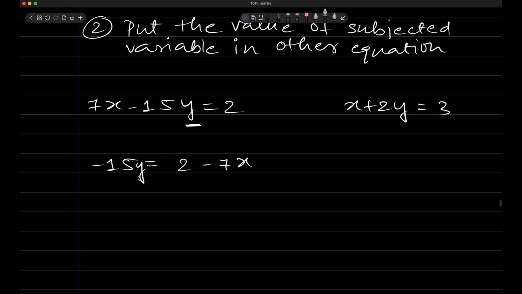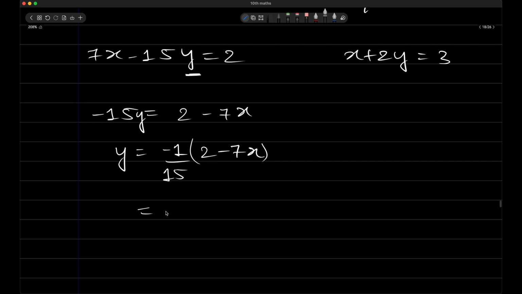So y equals 2 minus 7x, divided by minus 15, that is equal to minus 2 upon 15 plus 7x upon 15.